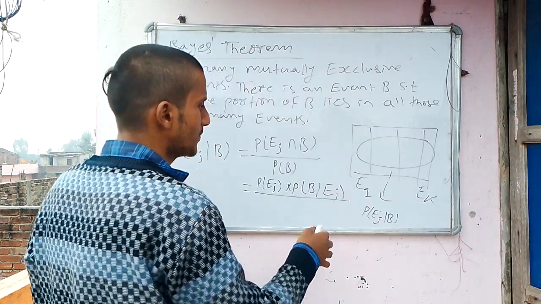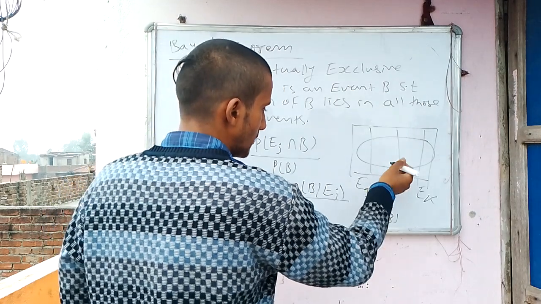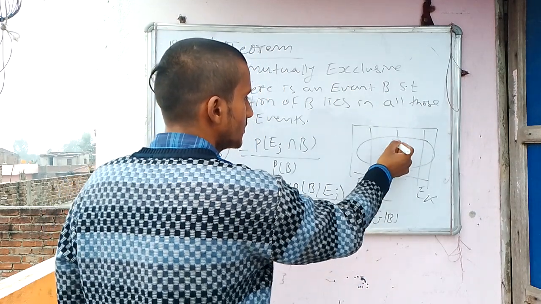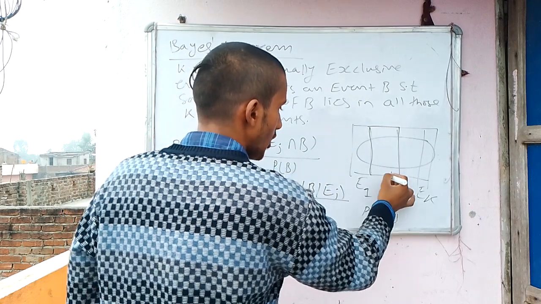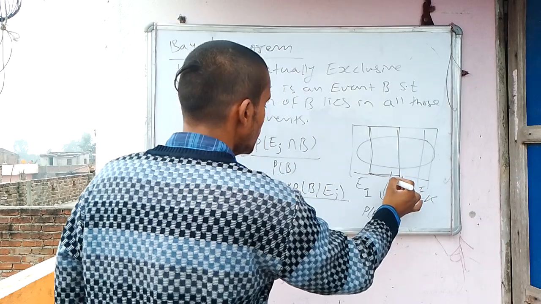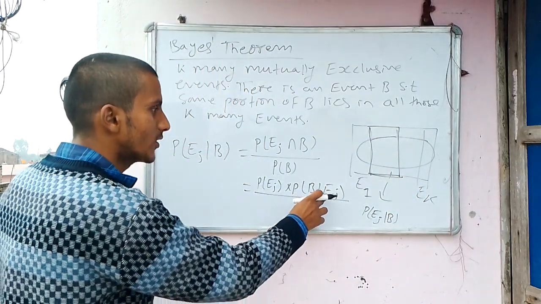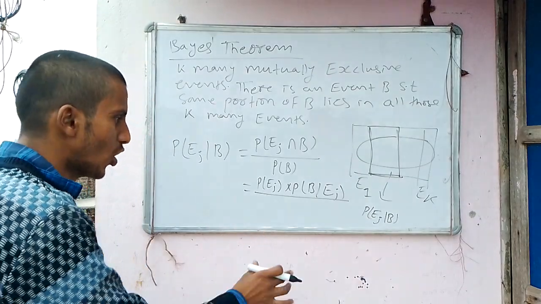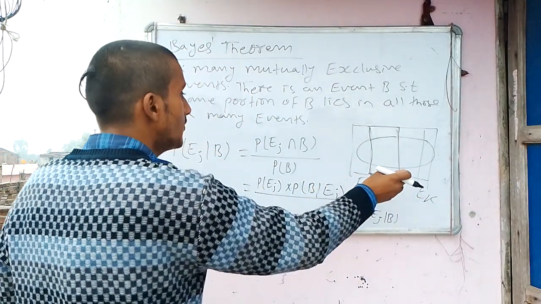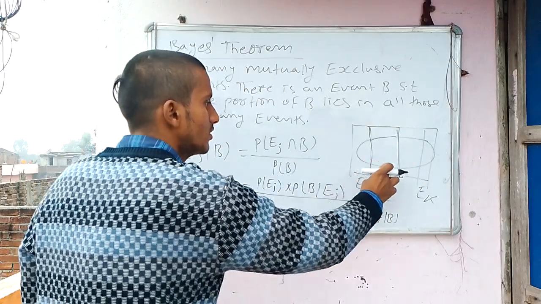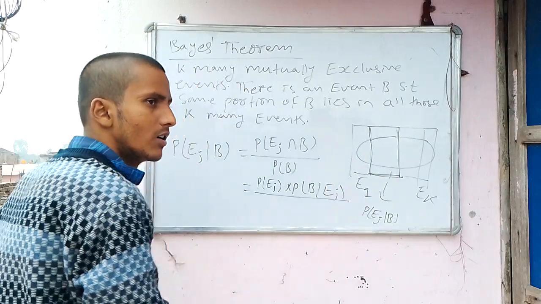It means, let's say EJ is one of those K events. If EJ occurs, the probability of B occurring is known, and you're going to figure out the probability of that specific EJ given that B occurs.